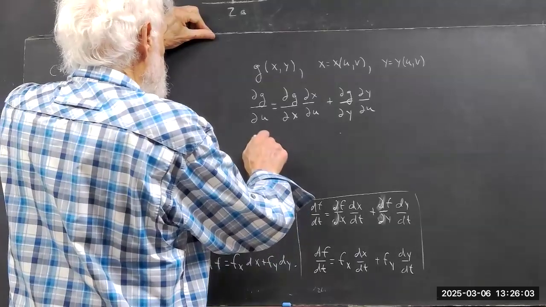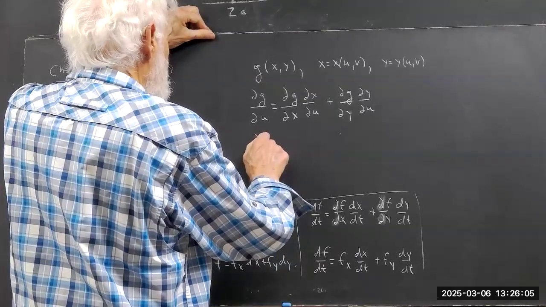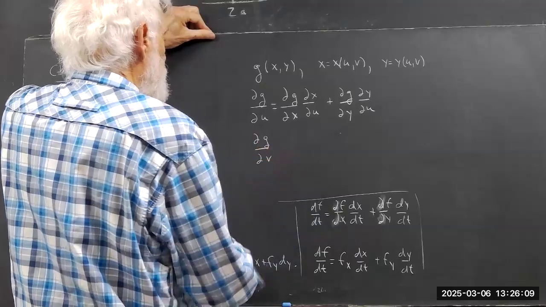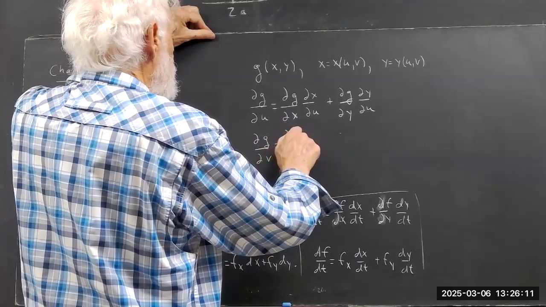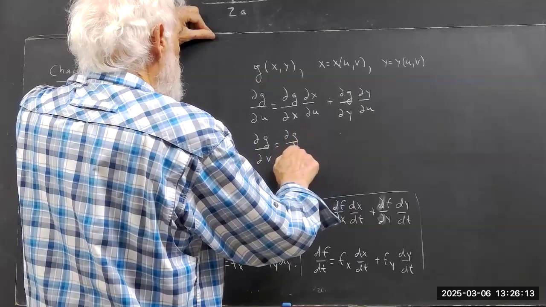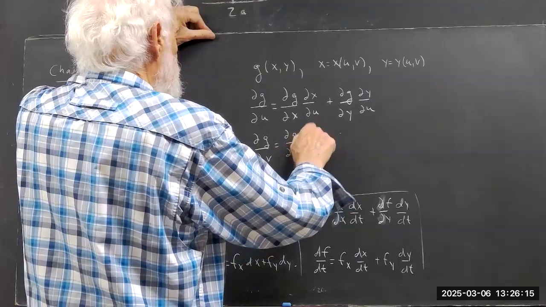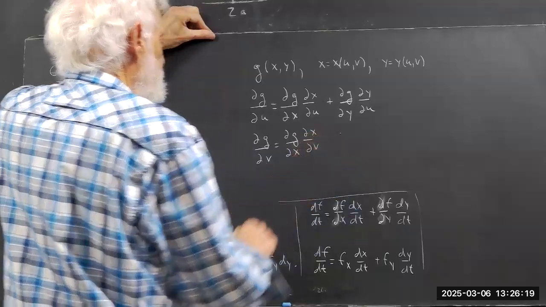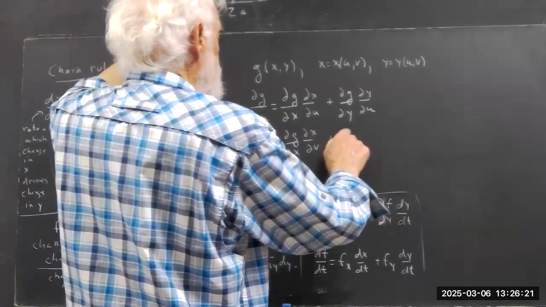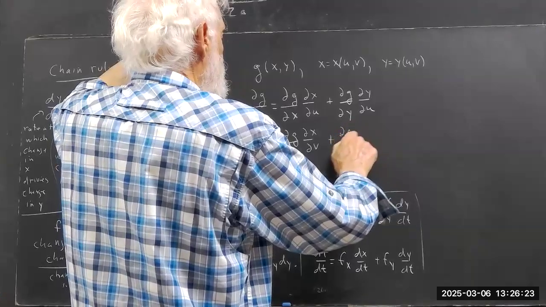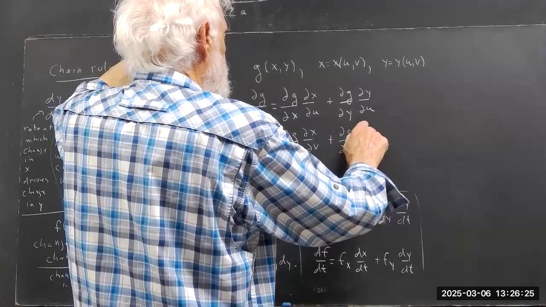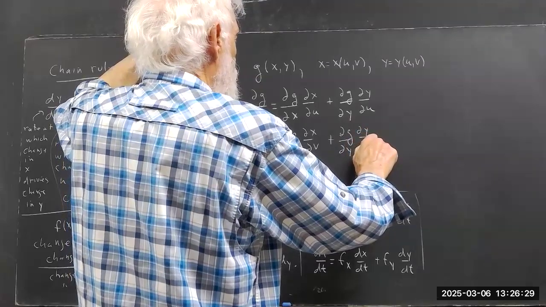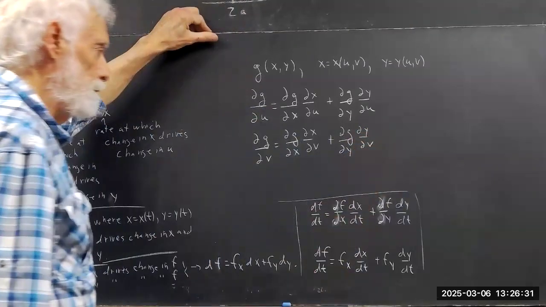And then, of course, by analogy, with exactly the same reasoning, partial of g with respect to v is partial of g with respect to x times partial of x with respect to v. And then g changes because y changes. And y changes as a result of a change in v.